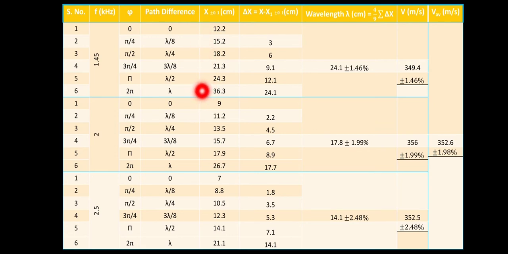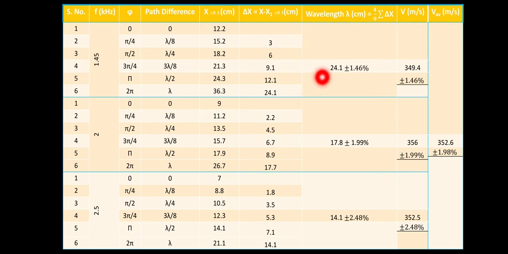If we again take the microphone away from this position, after some distance we will again get the Lissajous pattern corresponding to phase difference pi by 4, but the position on the scale does not correspond to the path difference in centimeters. We get the actual position when we subtract those values by 36.3 centimeters. So this is the concept of why we are subtracting this. Similarly for this and similarly for 2.5.